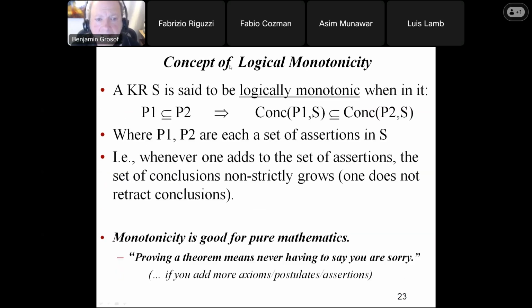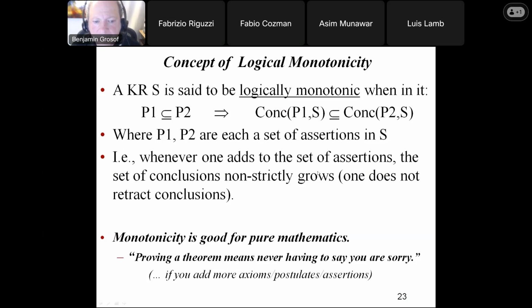The concept of logical monotonicity is that if you take a set of assertions and then you grow it to a superset by adding one or more assertions, then the set of conclusions that are entailed in a given logical system, that logical system S, is also a superset for P2 of what it was for P1.